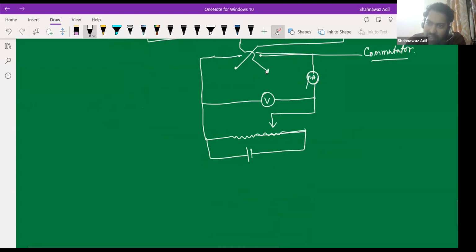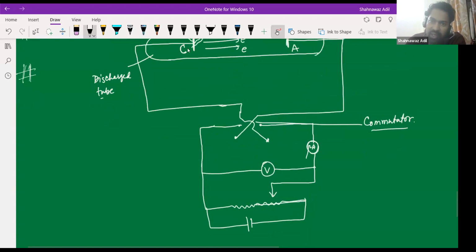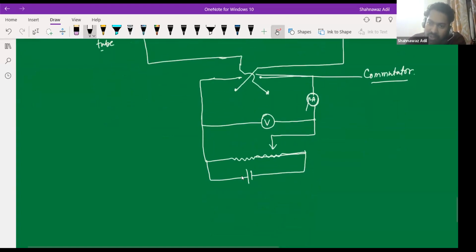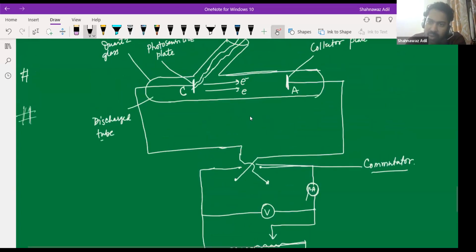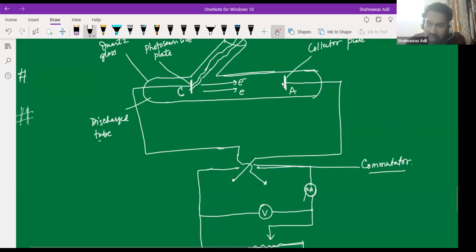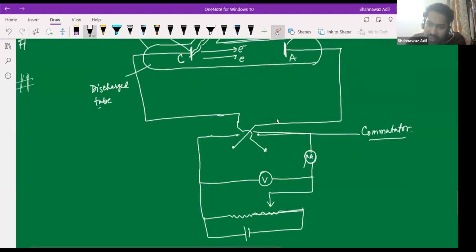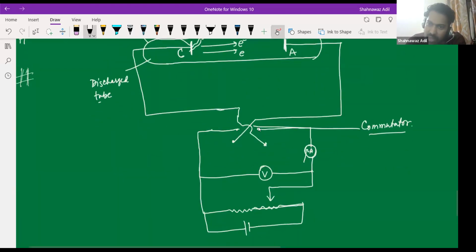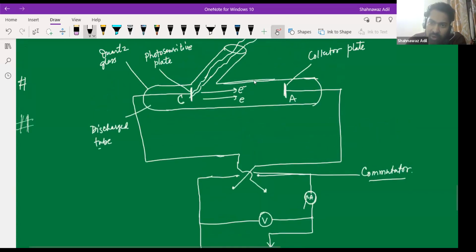If I connect this C part to this area, then it would be connected with the negative potential, so C will have negative potential and A will have positive potential. Now let's say I want to make A negative. So I will connect this A to this part, then it will be negative, and C would be positive.